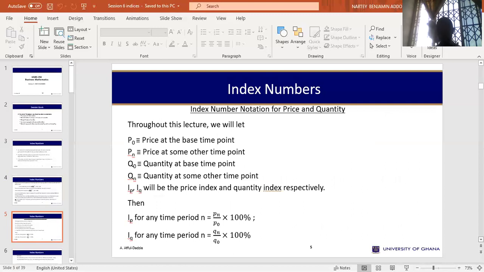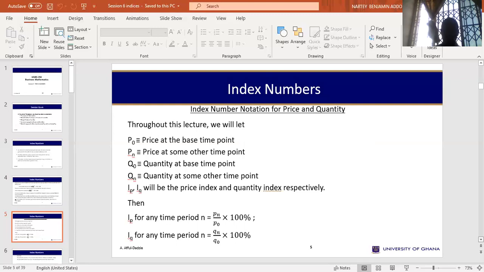So if the quantity produced or sold in the base year is Q0, and it has changed in the current year to Qn, then the quantity relative will be Qn over Q0 times 100.